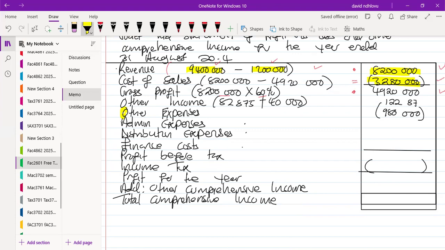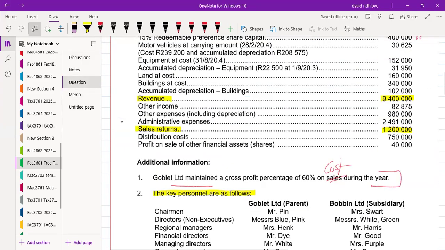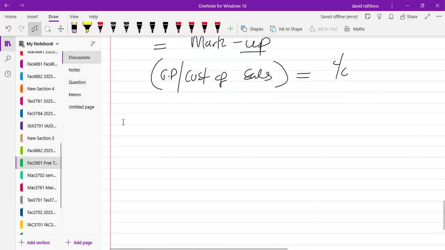So for example, if I calculate here, this one is going to be tricky, 4920 divided by 3280, it gives you 150, so it will be 150%. So in that question that we're doing now, this would have been 150%. So they would have said markup is 150%.